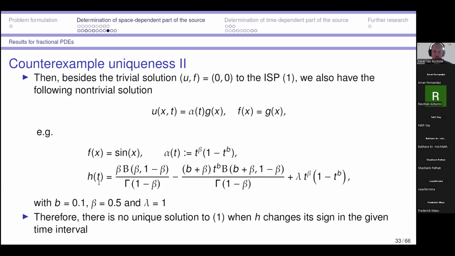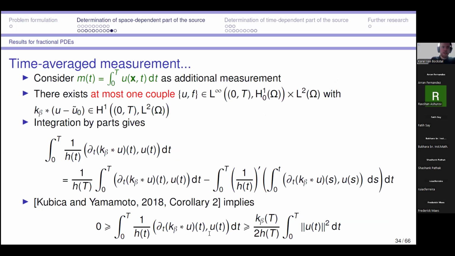This defines h(t) in this form. Then, for instance, for b equal to 0.1, lambda equal to 1, and a fractional order of the derivative 0.5, we have that h(t) is changing sign on the time interval. So we have constructed a non-trivial solution next to the trivial one, violating the uniqueness of a solution to the inverse problem. Okay.